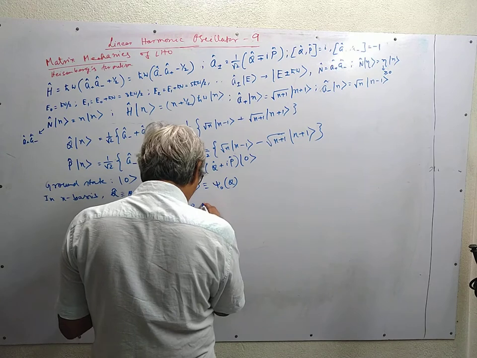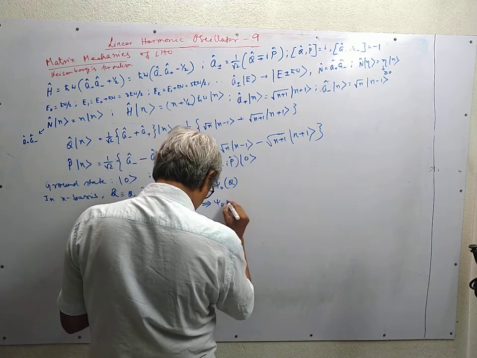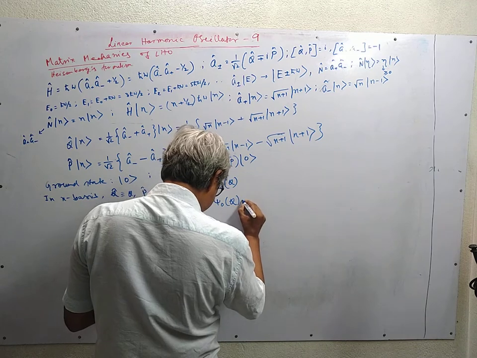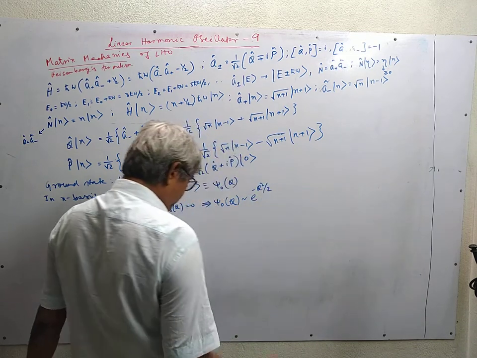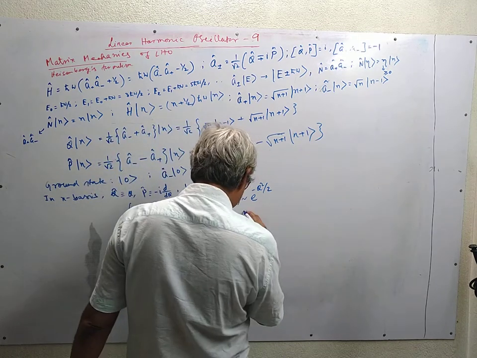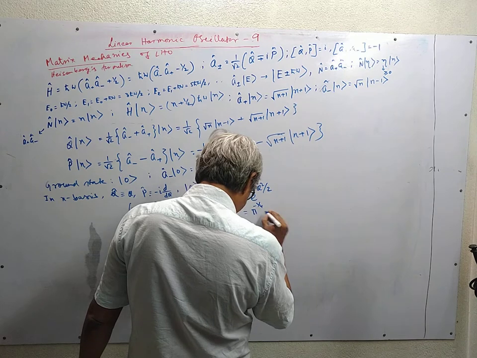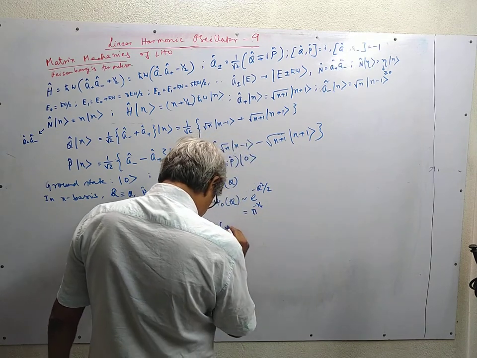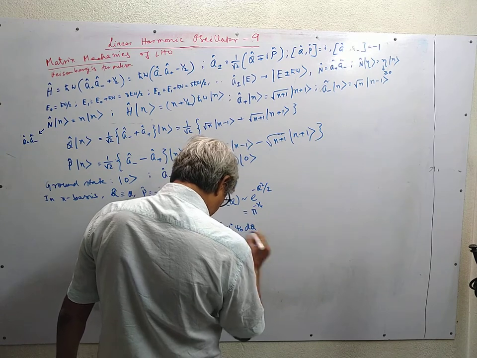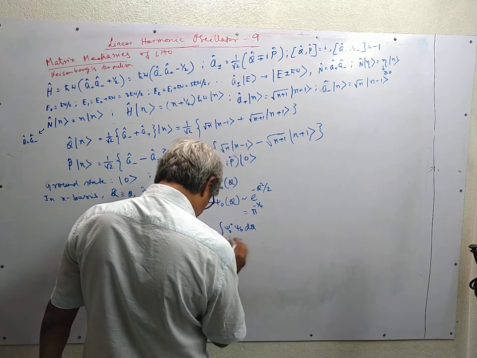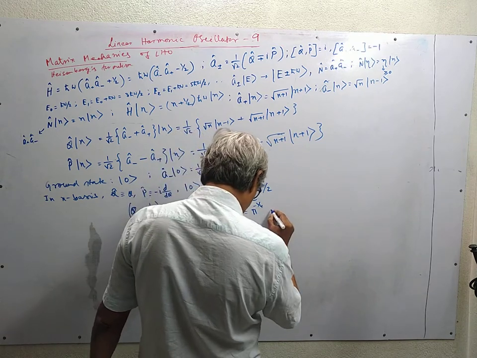If we solve it, this is a very trivial solution. We get e to the power minus Q square by 2. For the normalization, the integral of psi 0 star psi 0 dq from minus infinity to plus infinity is equal to 1. This gives you the normalized result.